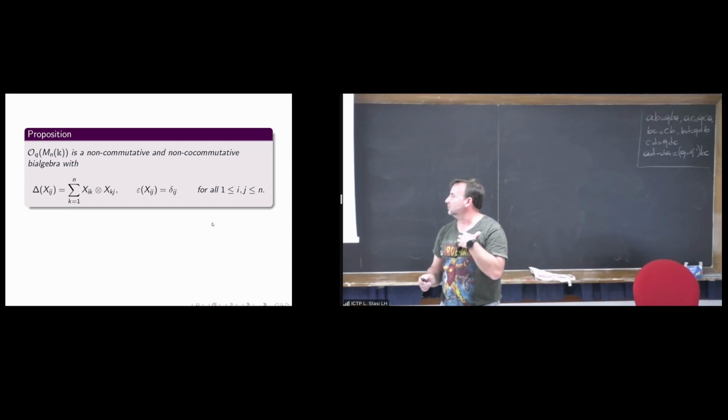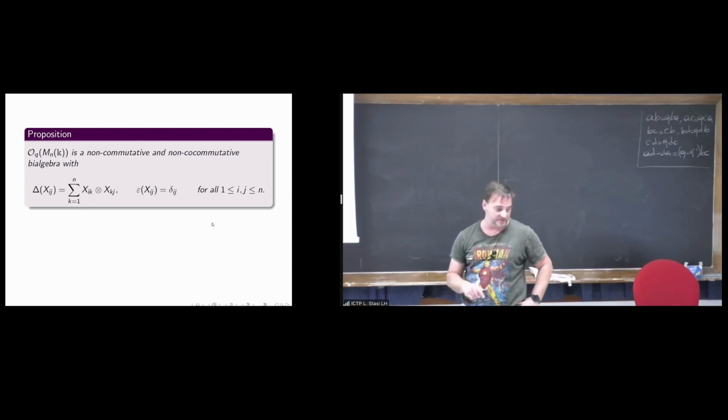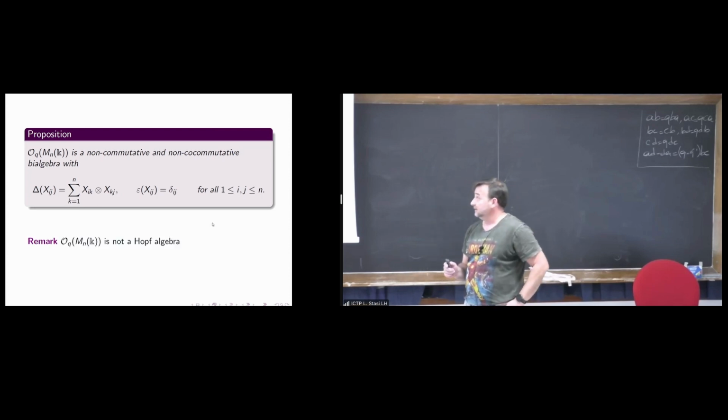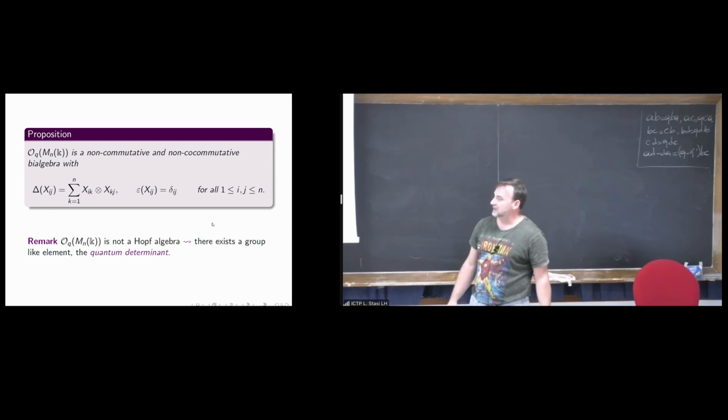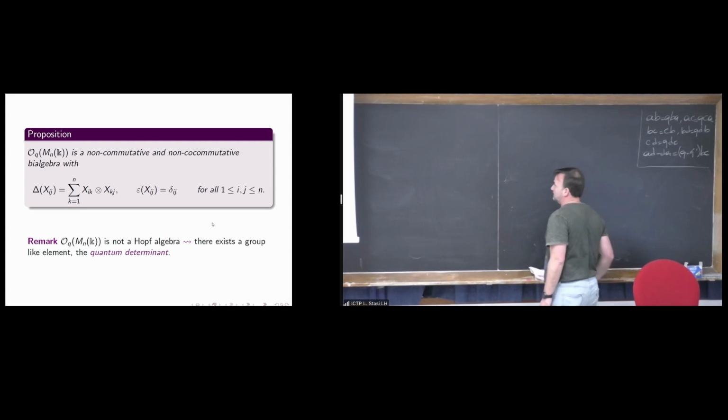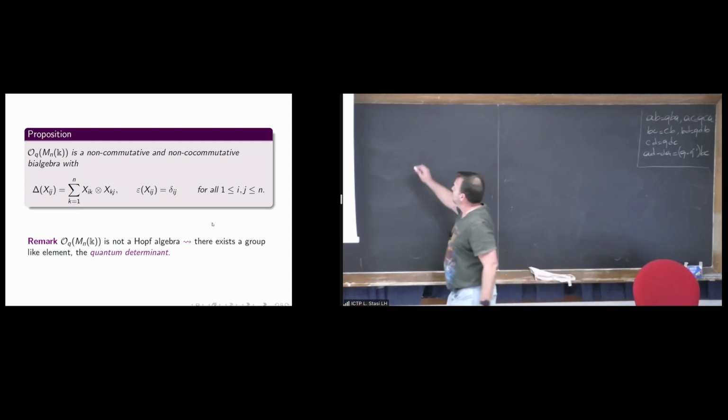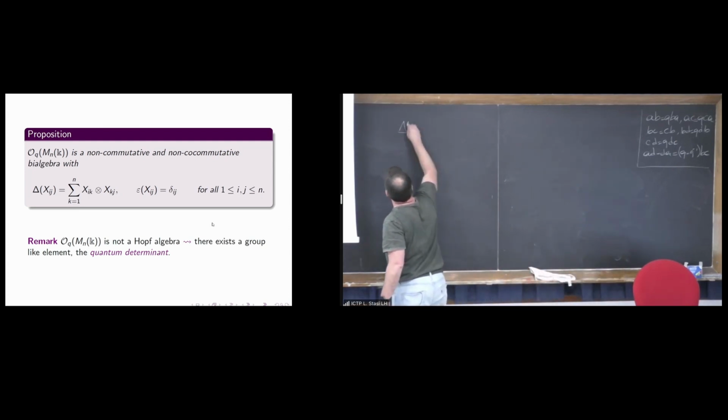So what we prove is this thing is a non-commutative and non-cocommutative bialgebra. It is not a Hopf algebra, so it does not correspond to a group. Why? Because there is an element that is group-like. So what happens when we have a group-like element? So suppose we have an element that satisfies this thing.